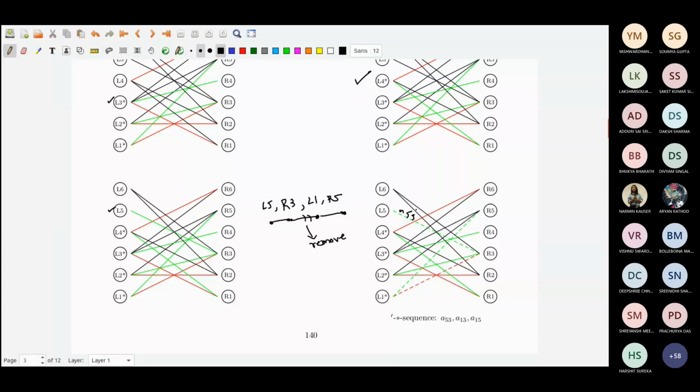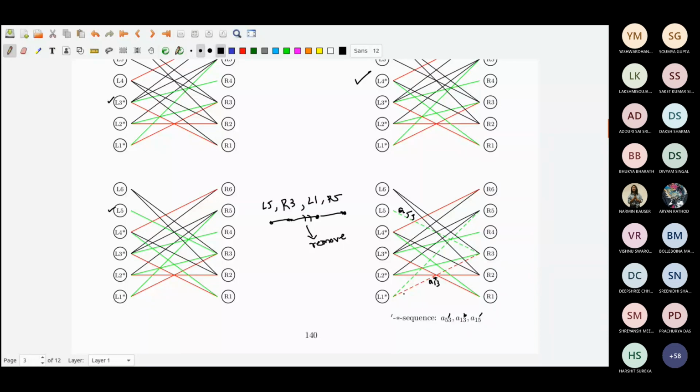And this one is A13. That is star actually. So I can put a star over here so that people understand, and put a prime over here. So 1 to 5, this is A15. So this was the prime star sequence.